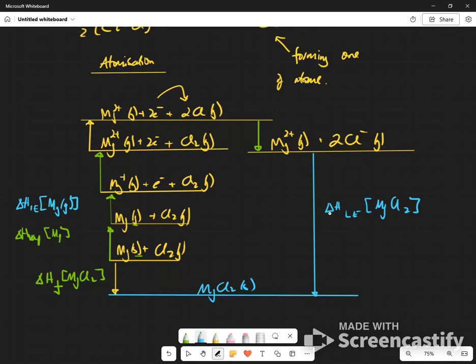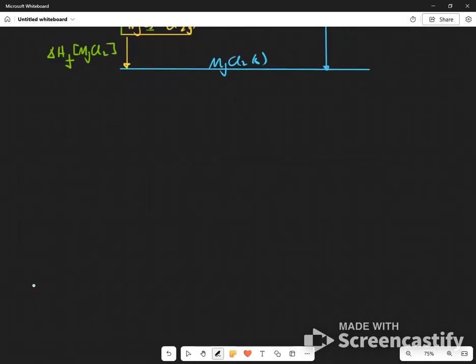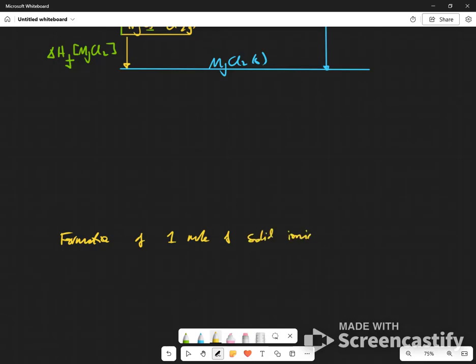Okay, so let's have a quick look at that one, that lattice energy, before we have a look at that thing again. All right, the lattice energy is this. It is the formation, we'll talk about this in a minute, but the formation of 1 mole of solid ionic compound from its gaseous ions.